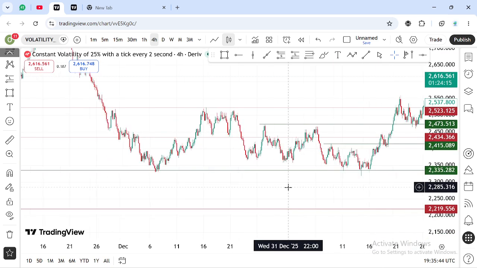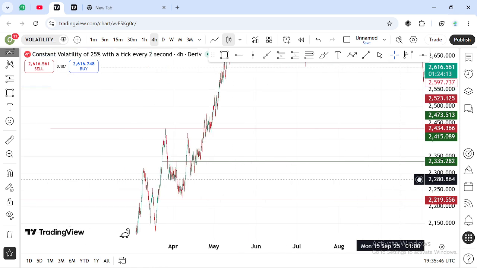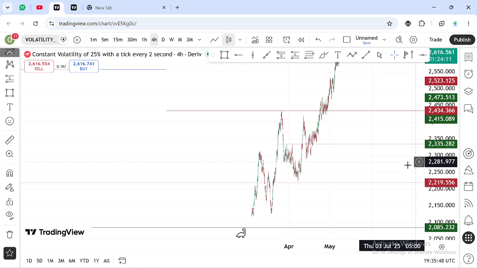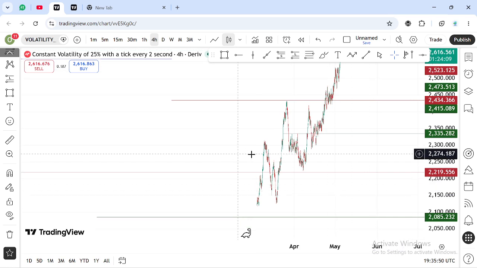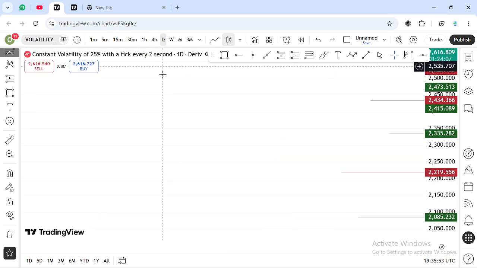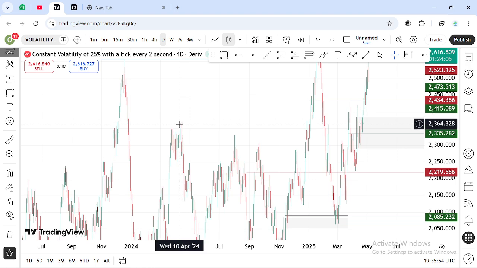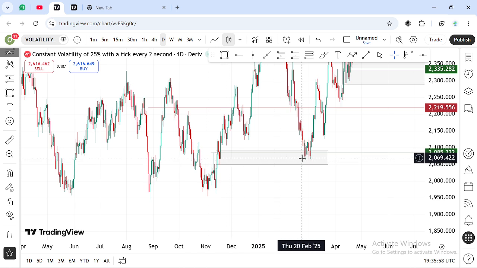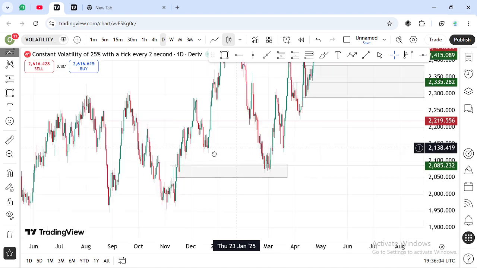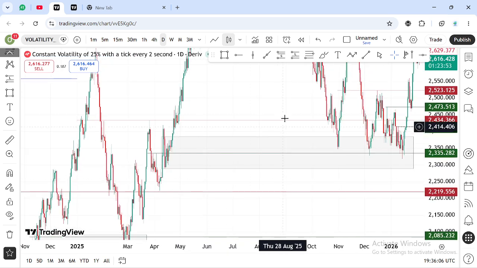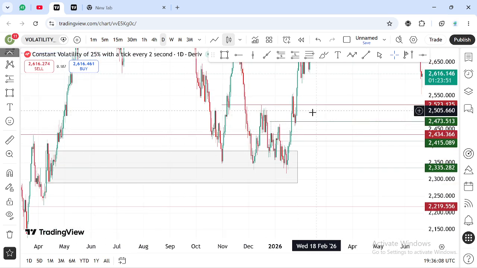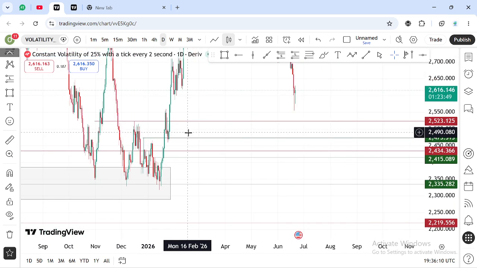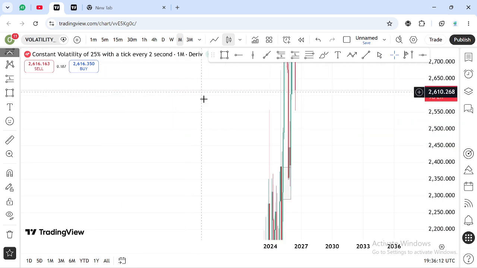So entry on this one, fine. Let's see how I would have entered on this particular one also. On this one too, would have entered using that same formula or method. I feel like deleting all this. Let me see.